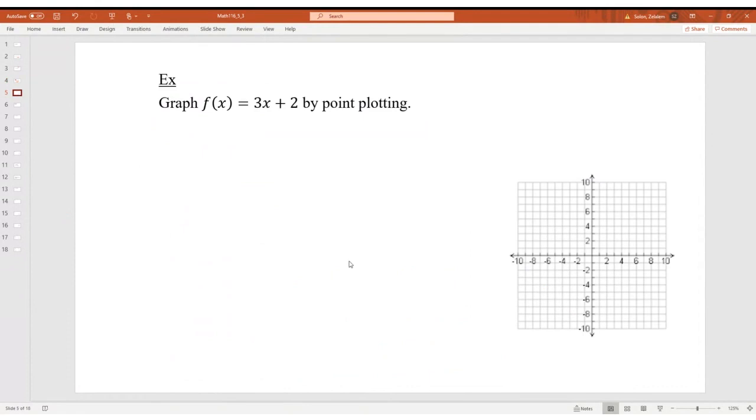Now we have this function f of x equals 3x plus 2, and it asks you to graph the function by plotting points. I'll give you the table, x, y. You need only 2 points. So I want you to find the y value for 0 and 1. What is f of 0?